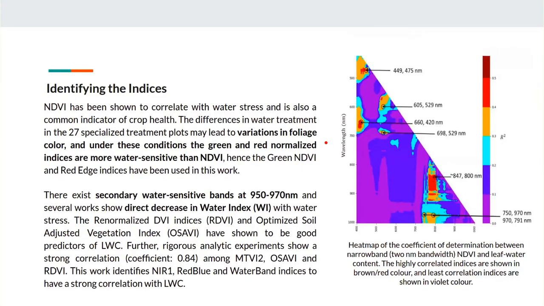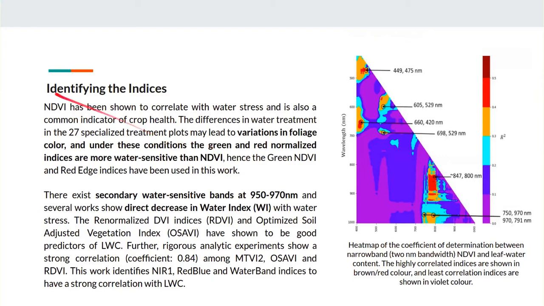In identifying the different indices, we look into different literature, and we also identify secondary water sensitive bands in the 950 to 970 nanometer range, which directly decrease the water index in the plant.